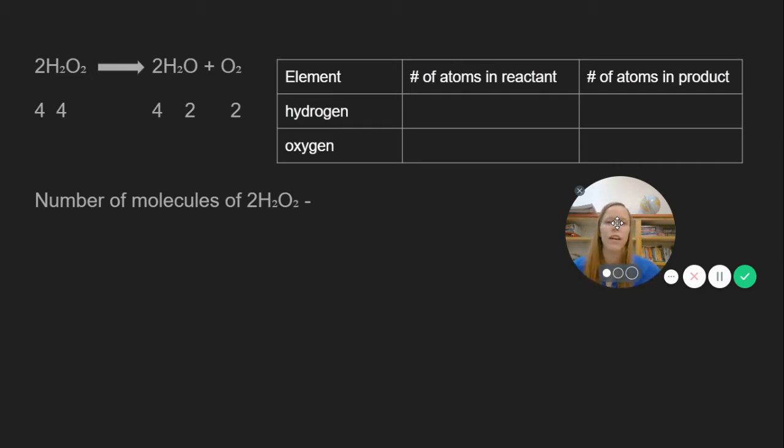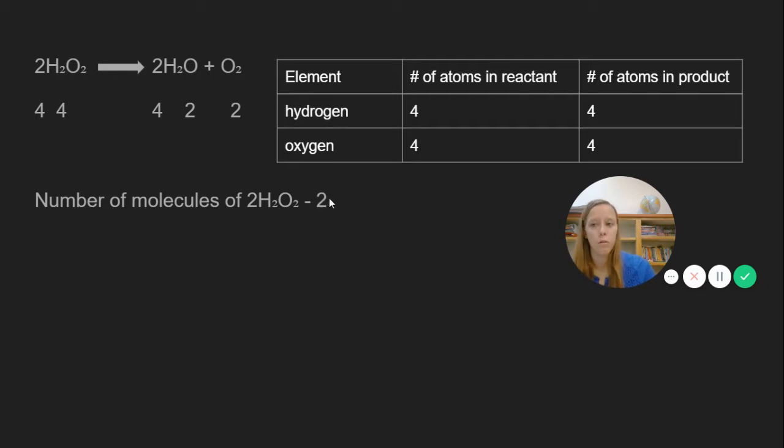So we're looking to find the number of molecules of 2H2O2. Okay, so first we need to find out how many atoms are in the reactant, how many are in the product of each element. So hydrogen, we have 4 in the reactant. Remember, that's the first part, and 4 in the product. Oxygen, we have 4 in the reactant and 4 in the product. Okay, so how many molecules of 2H2O2 are being made?